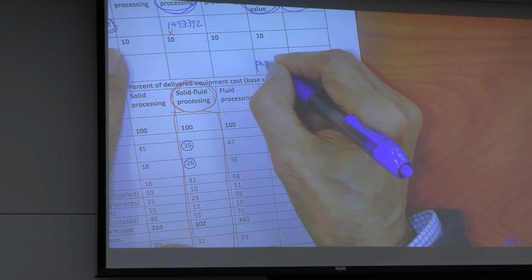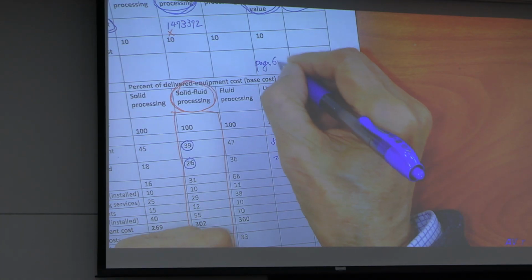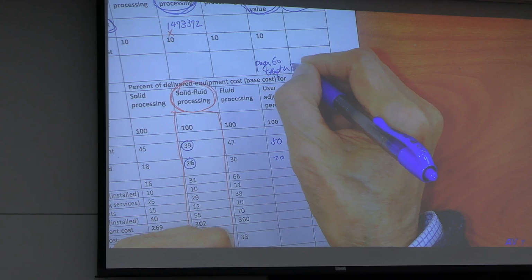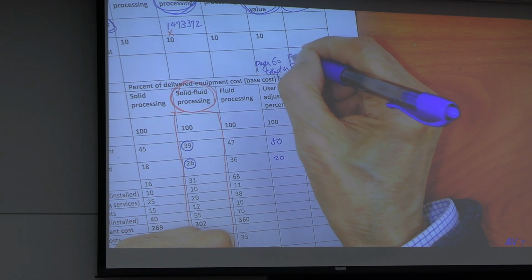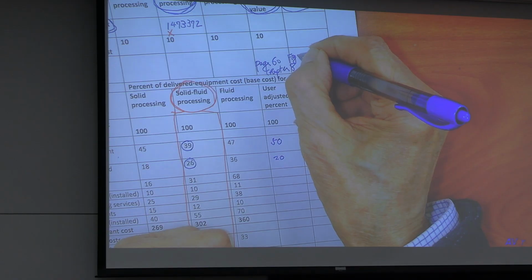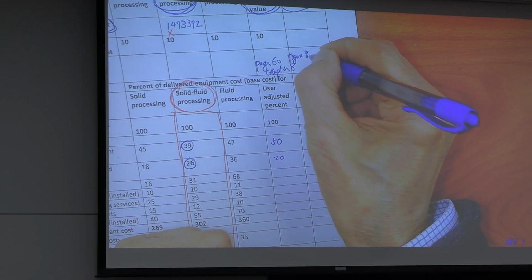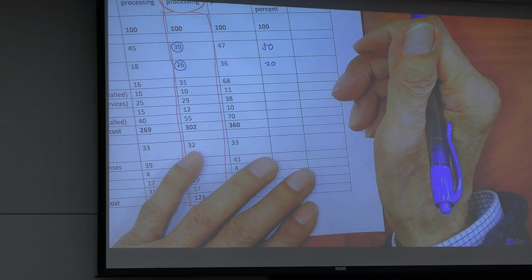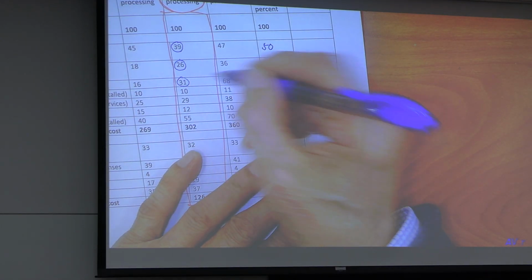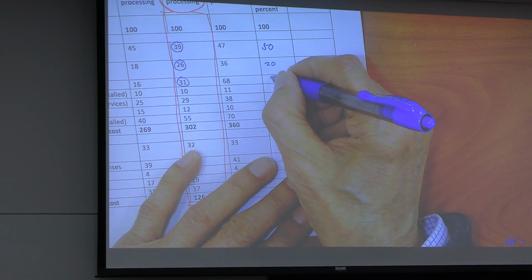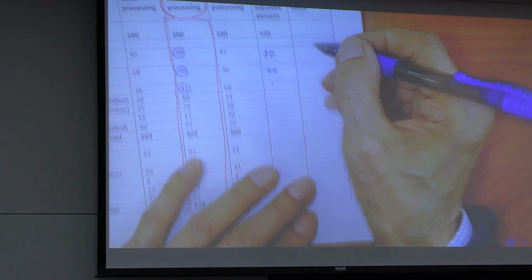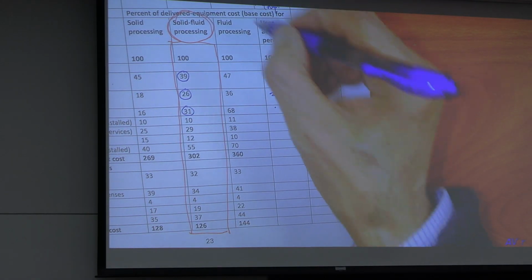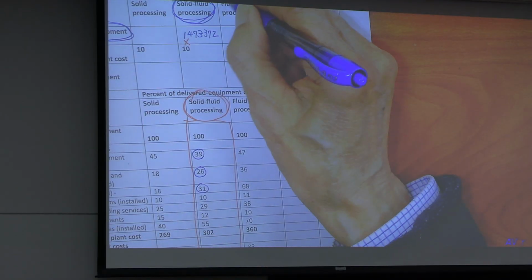This is page 60, chapter 8, figure 8.24. Piping 31, suppose I use... you can also consider this food processing.